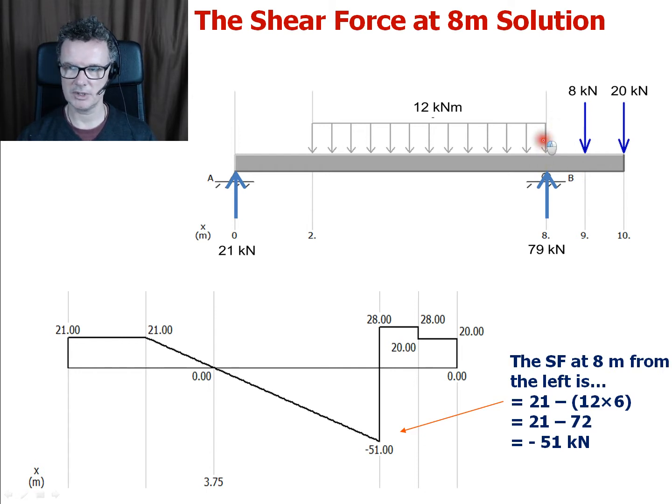So I'm just at this point here, just right of this point here. So we could then say we've got 28 positive, minus 79 coming down because we're looking right of that line there. So we've got minus 79 plus 28, and then that gives us minus 56, minus 51.